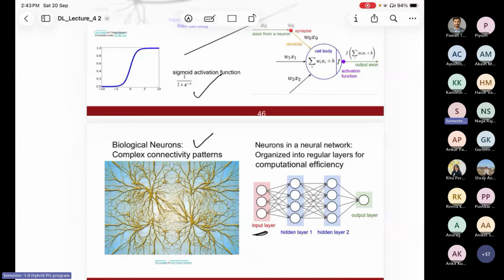We are just putting one layer after a second layer, a third layer. So there is some structure, and we are defining things in a structured manner. Here, things are very, very complex, so we cannot say what the structure is. It's very difficult to find the structure here, like how they are connected. But here you can, because we have already developed it. So here the structure is very regular, and it's a simpler structure compared to this.